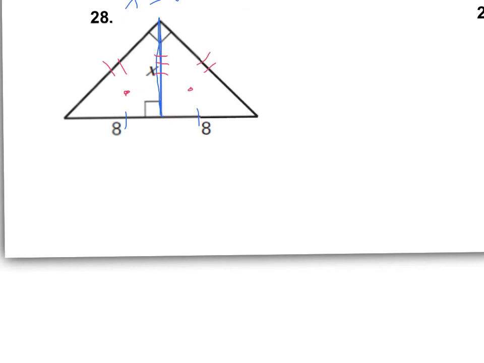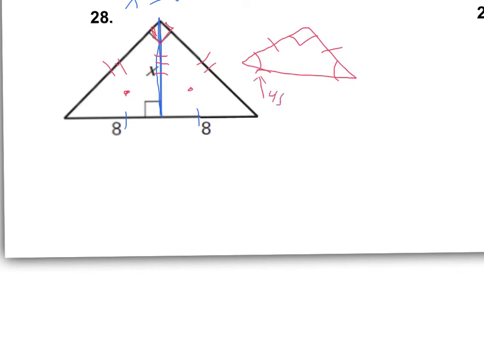Alright, now how does that help us find x? Well, if this is a right triangle up here, and these two sides are the same, so let me just draw the big triangle. If you have a right triangle and these two sides are the same, that means these two angles have to be the same. And so what will each of these angles be?